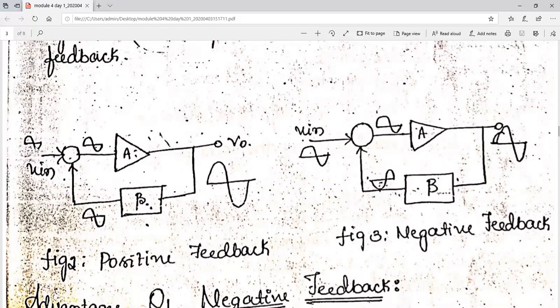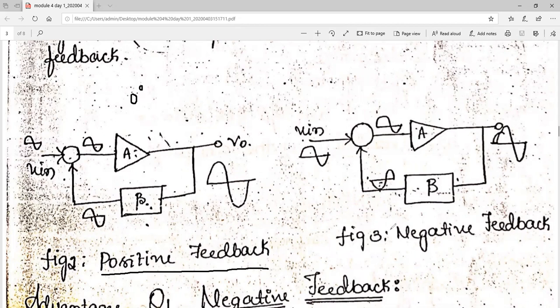So when I compare these two, the phase difference is 0 degree. Therefore, they are called positive feedback circuits.